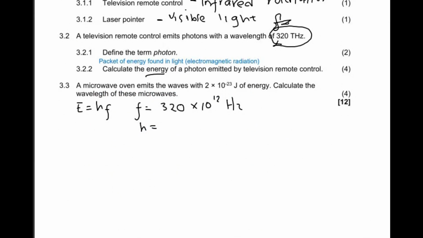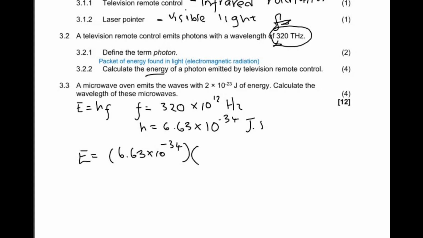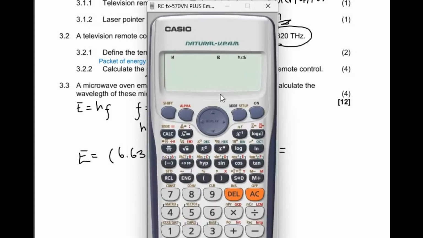So E is equal to 6.63 multiplied by 10 raised to the power of minus 34, multiplied by, if we put it in a bracket, 320 multiplied by 10 raised to the power of 12 hertz. And that gives us, let's put it in a calculator.